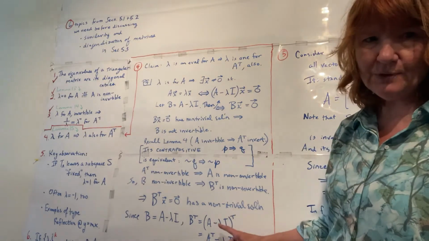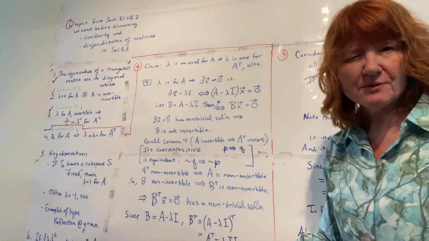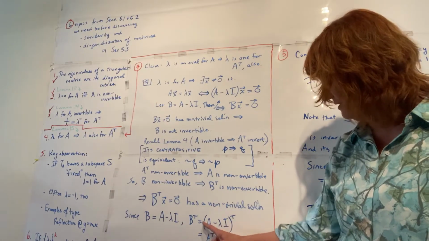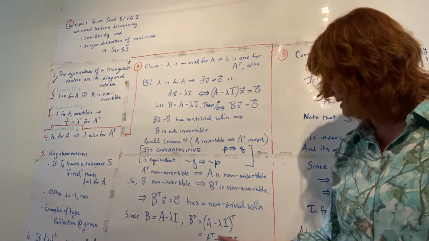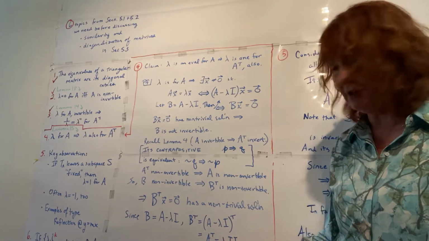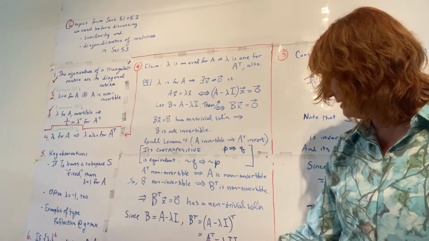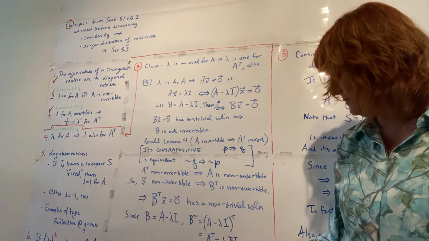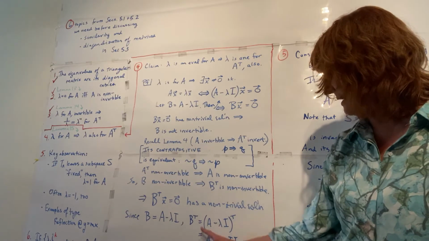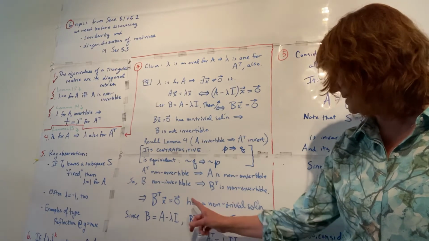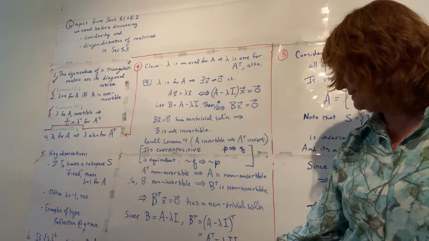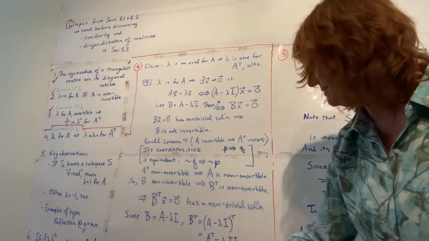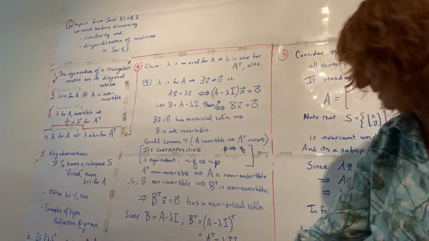Remember the properties of transposes? I think it's chapter 2. It says that if you have a linear combination of matrices, the transpose of them is the linear combination of their transposes. So this is equal to A transpose minus lambda I transpose. The identity matrix transpose is just itself. So B transpose x equal to 0 having a non-trivial solution is the same thing as saying A transpose minus lambda I times x equal to 0 has a non-trivial solution.